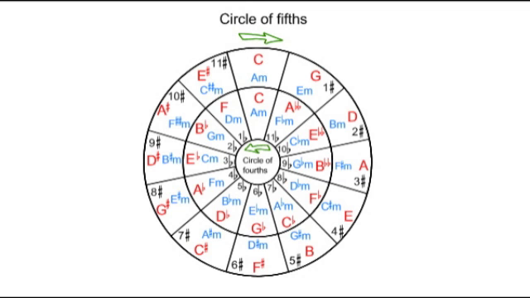For example, look at the segment at 3 o'clock. Given the choice between working in the key of A major with its 3 sharps or B double flat major with its 9 flats, which are you more likely to choose?